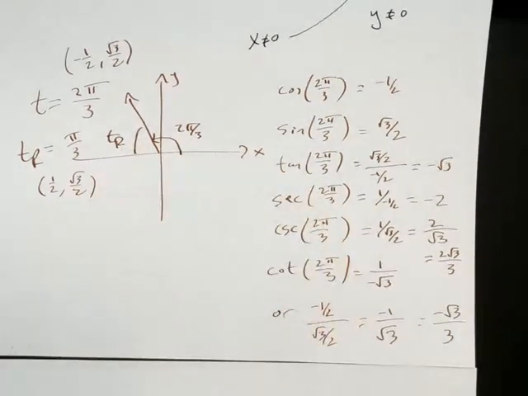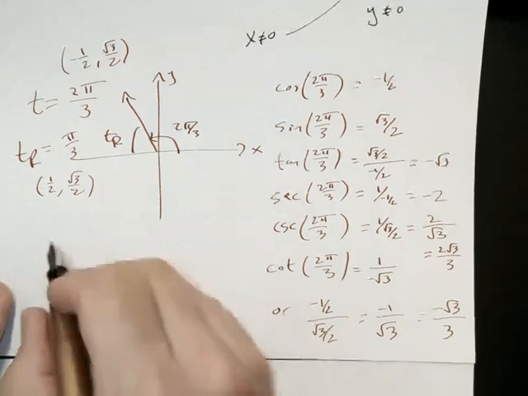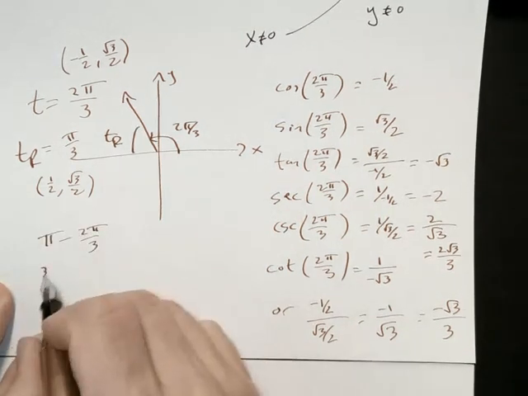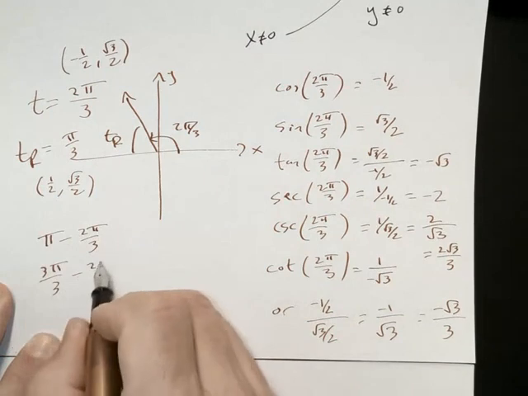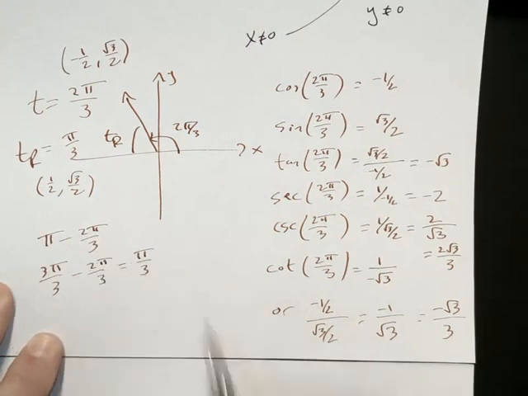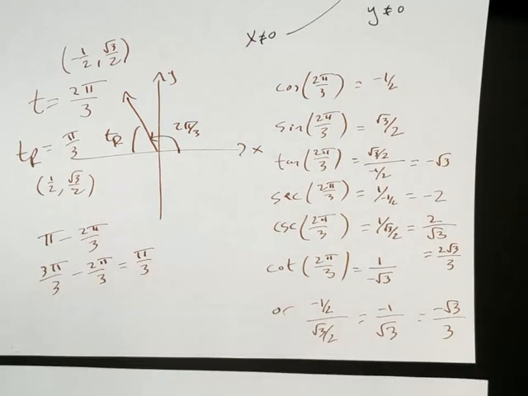The rest of a straight line, pi minus 2 pi over 3, is 1 pi over 3. If I went 2/3 the way across, I've got to go the last 1/3 to finish it.